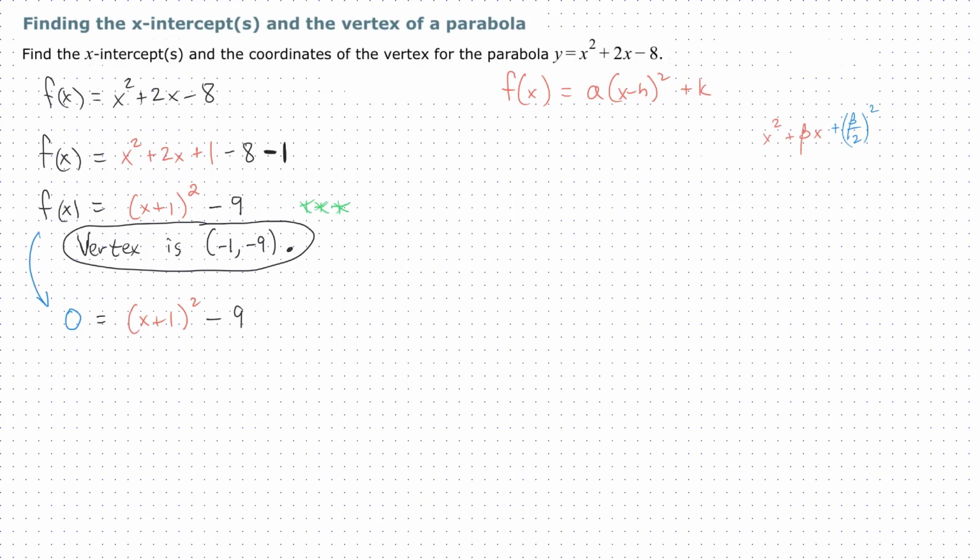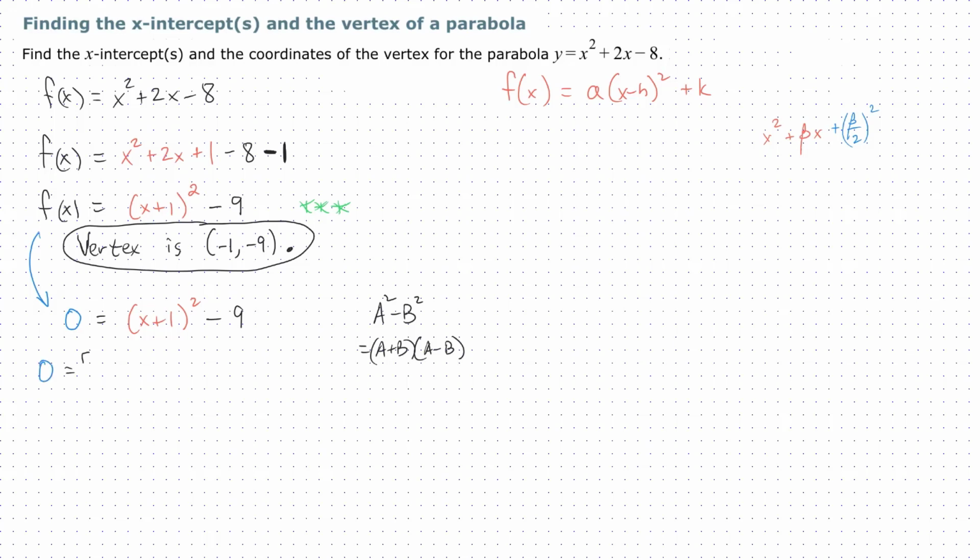There's many ways to solve for x here. Just for variety, why don't we pretend this is a difference of two squares? So then we will factor a plus b times the quantity a minus b. So that is a difference of two squares. Let's go ahead and factor.